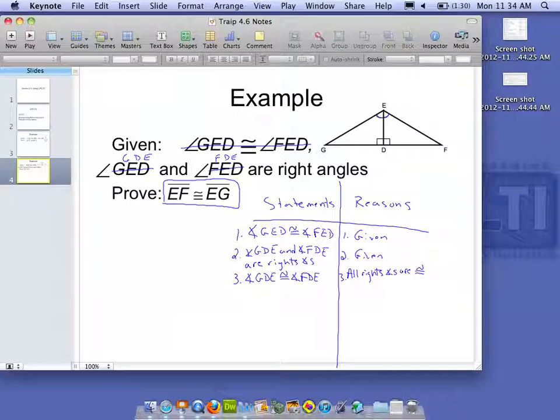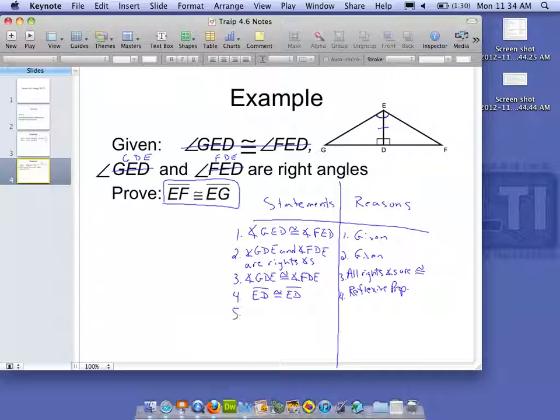So now I'm going to say that, looking at my diagram, they share the side ED. So I can say ED is congruent to itself. That's that reflexive property again. Let's call it reflexive prop.